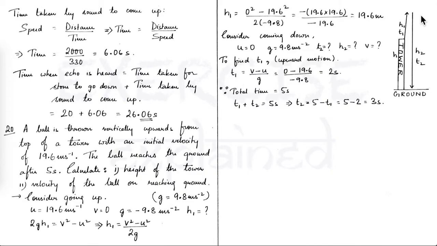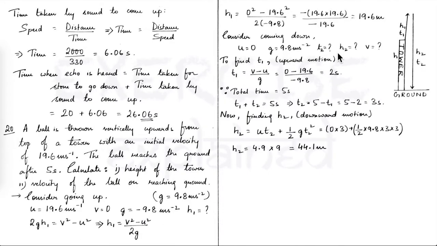Now we know the time, we know the initial velocity, we know acceleration due to gravity, and t2 is known. So we can definitely find h2. h2 will be equal to u into t2 plus half into g into t2 square. I substitute the values from here. u is 0, t2 we just got as 3, plus half into g, which will be plus 9.8 since it is falling down.